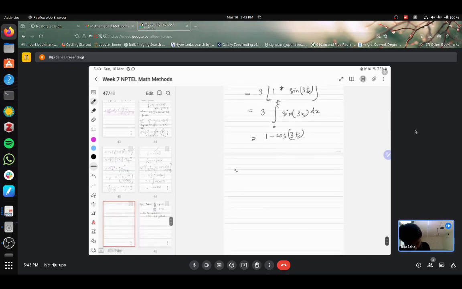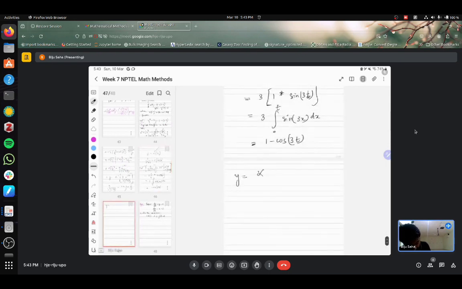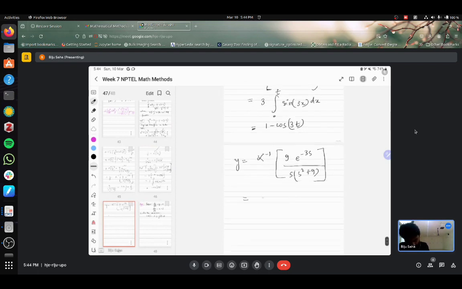Now you see y is the inverse Laplace transform of 9 e to the power minus 3s over s(s square plus 9). And you have to figure out that a part of it, excluding the exponential, is the Laplace transform of 1 minus cos 3t.